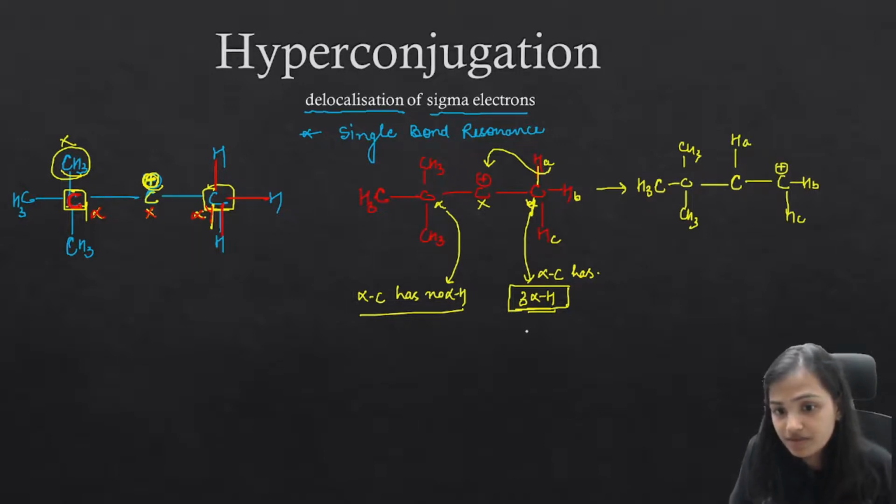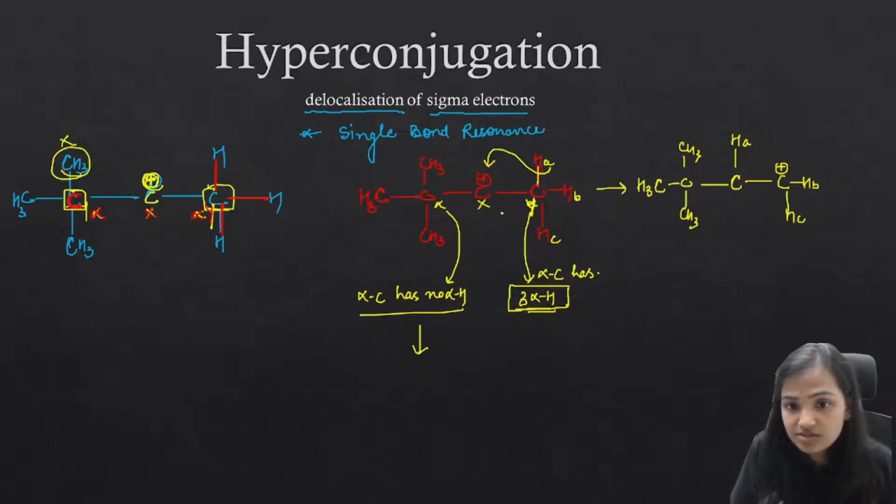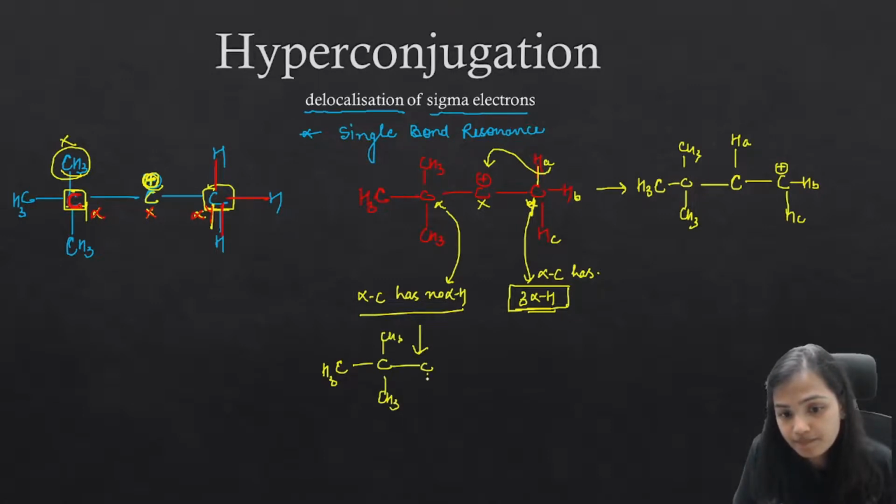Another time, HB can resonate. When HB resonates, we get HB there, HA remains as it is, we get a positive charge, and HC remains as it is.